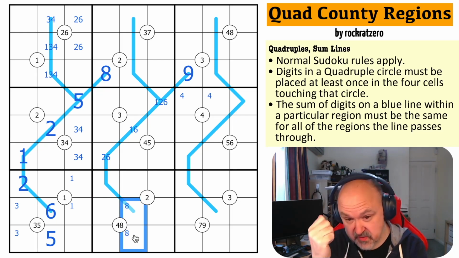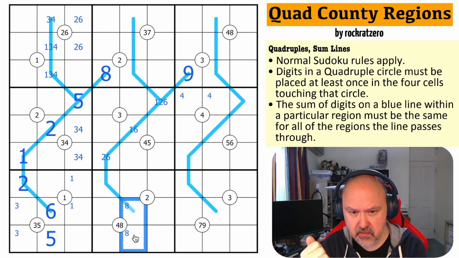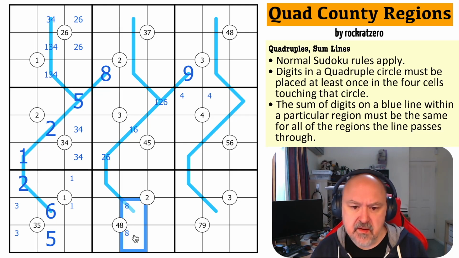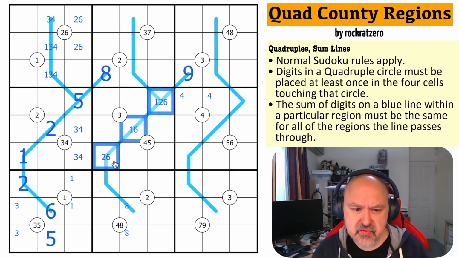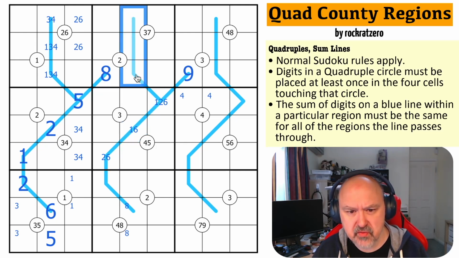So the ways of doing it: 1, 2, 6, 1, 3, 5, or 2, 3, 4. 6, 1, 2. I'm not seeing a problem with that at all if I put a 1 on this.